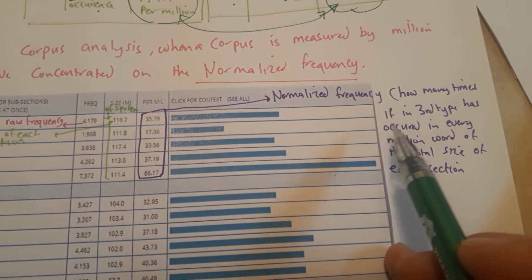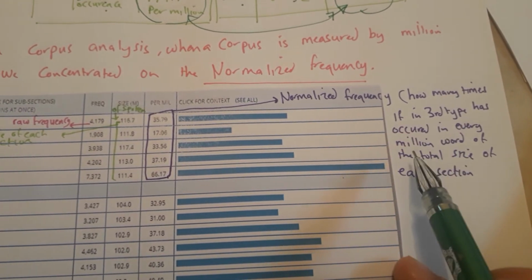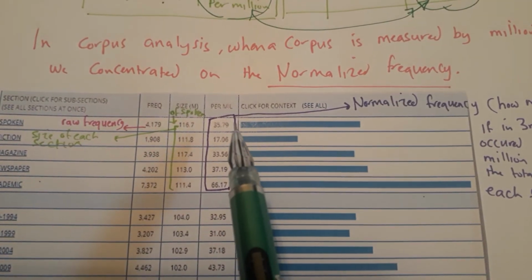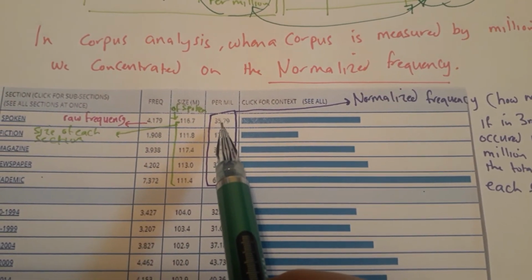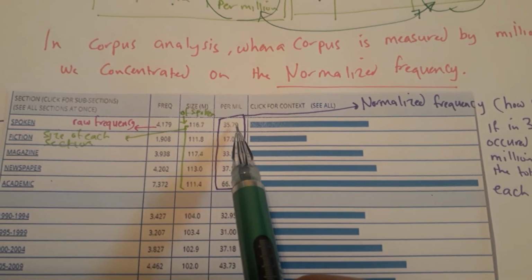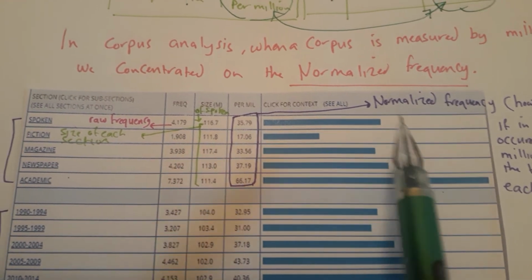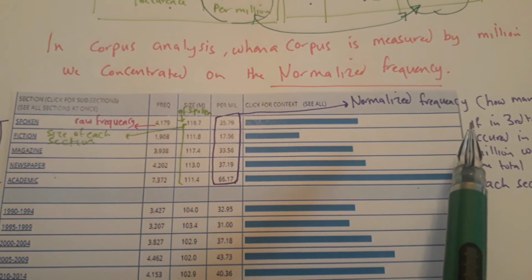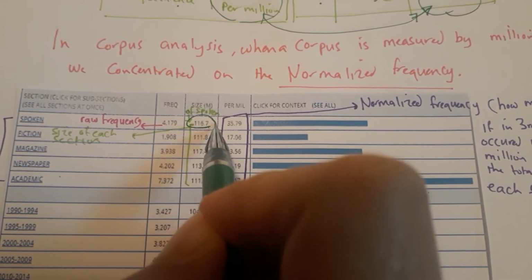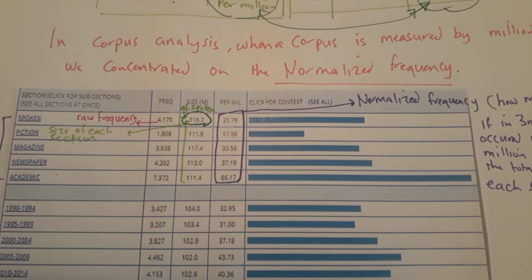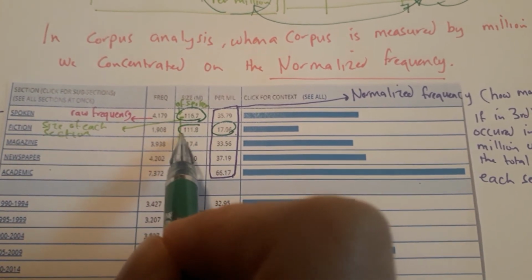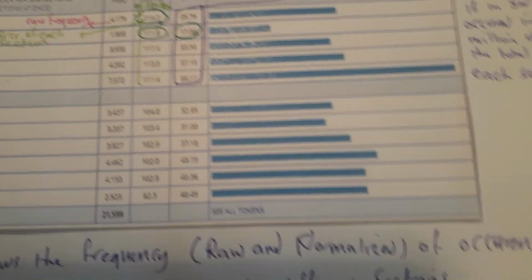How many times has if in the third type occurred in every million words of the total size of each section? Again, this number, 35.79, represents how many times if in the third type was used out of the total size, which here is 116.7, and this is repeated with every section, as you can see here and here. Can you see this? Okay.